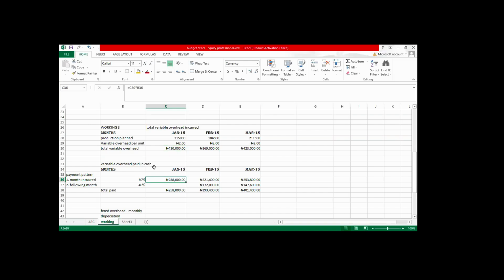Variable overhead paid in cash in January, 60%, 258,000. The balance to be paid in February, 40% of 430,000, will give you 172,000. Look at it. The balance of this money is paid in February.